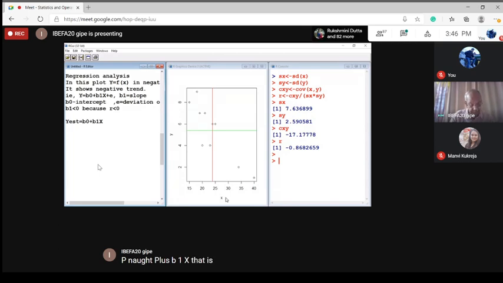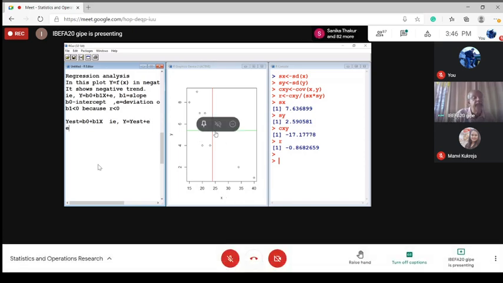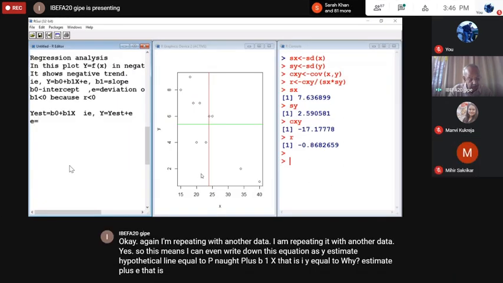That is my y equal to y estimate plus E. That is E equal to data minus line.